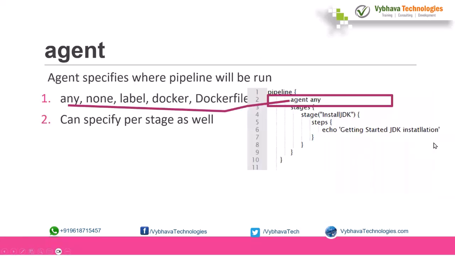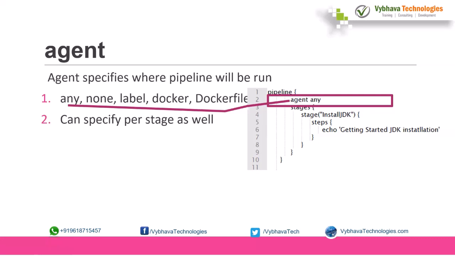So first, there are different options. In the previous example, I had just given agent any. What does it specify? In your Jenkins, you can have n number of nodes: node 1, node 2, node 3, or one is a build node, another a deploy node, another a database node, web node.